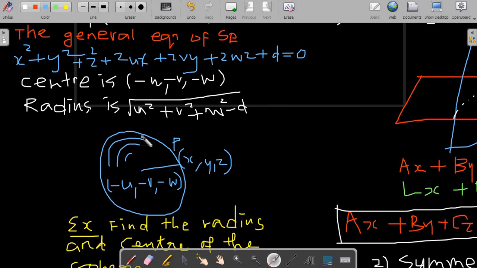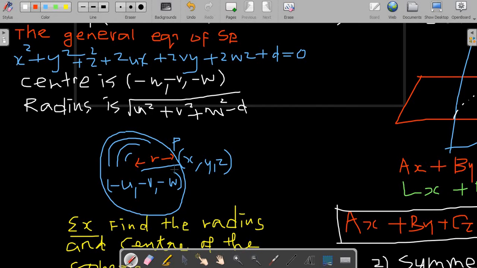Then if that is the case, what would be the radius here? Suppose the radius I am taking here is some r. This is r, the constant distance from the center to the points on the surface.